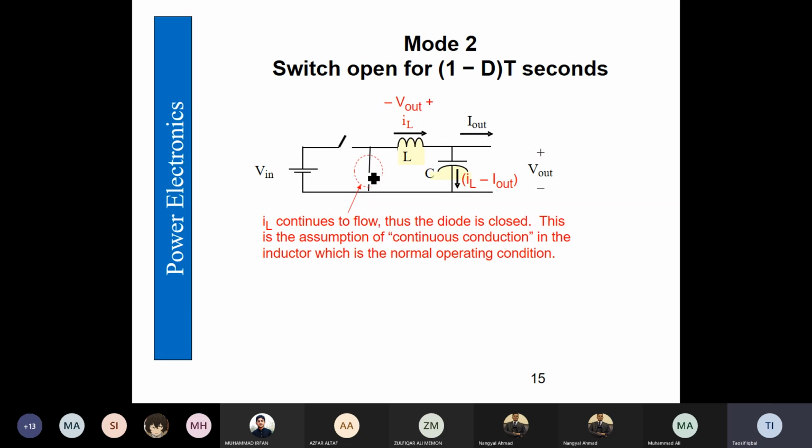So let's look at the factor which forces the diode to become forward biased. Now the inductor is charged, and on the left side we have 0 volts and on the right side we have V out.